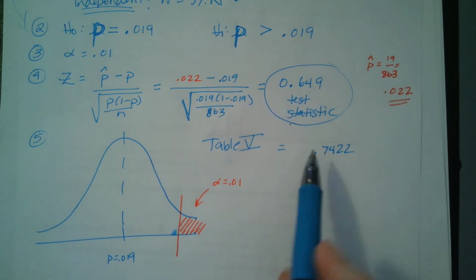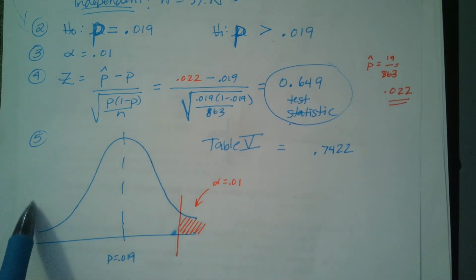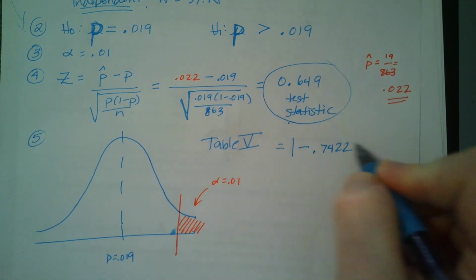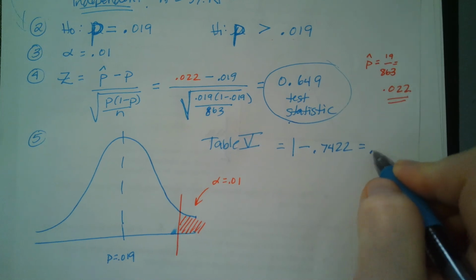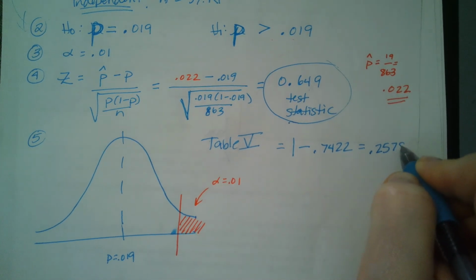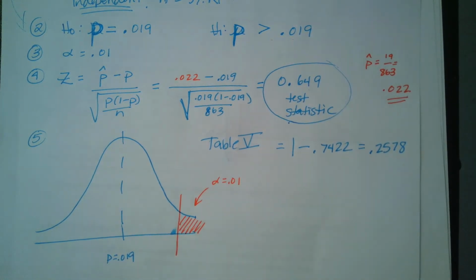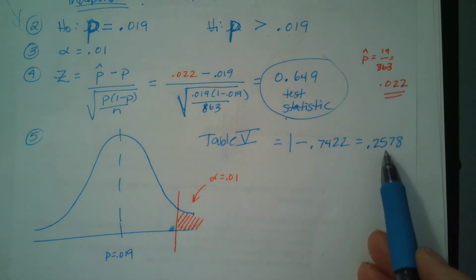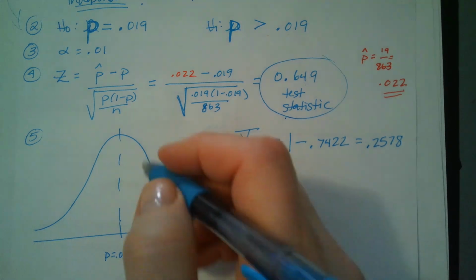Now remember, that's the probability of the left side of this graph. I want the right side, so I have to subtract that from 1. So I get a probability of 0.2578. And if I were to drop that on my graph, 25% is certainly larger than 1%.